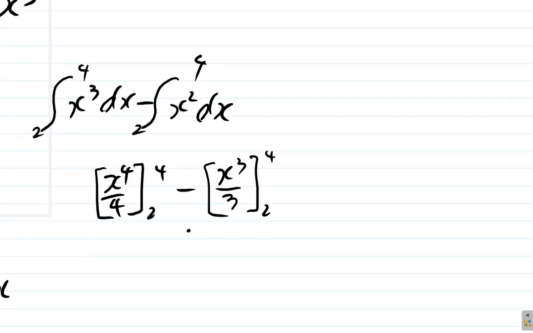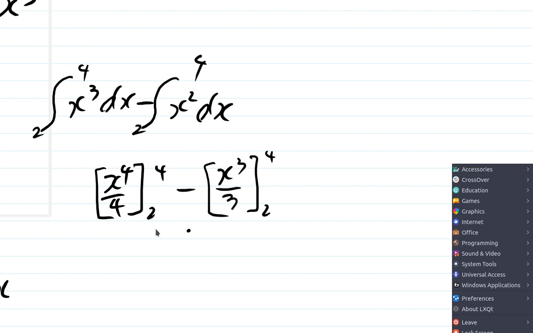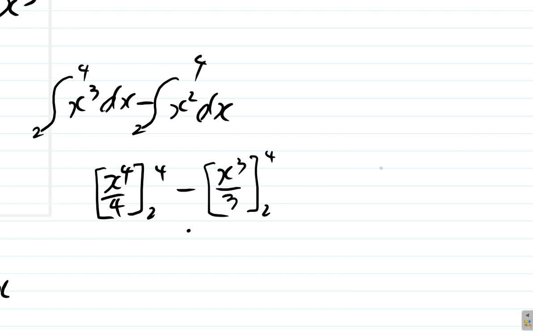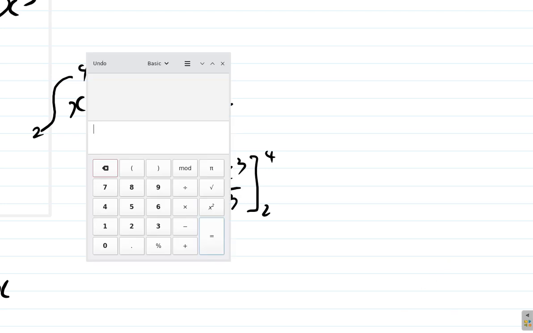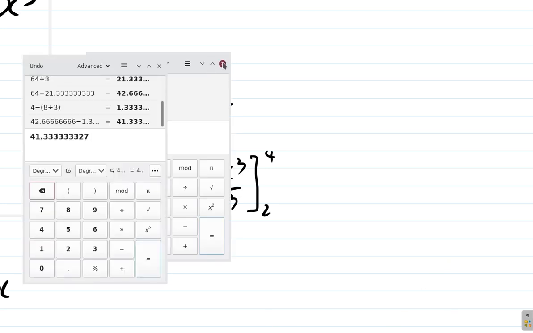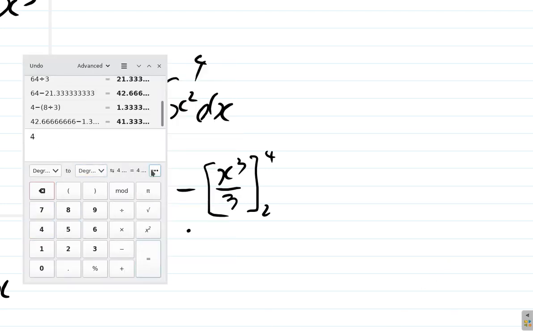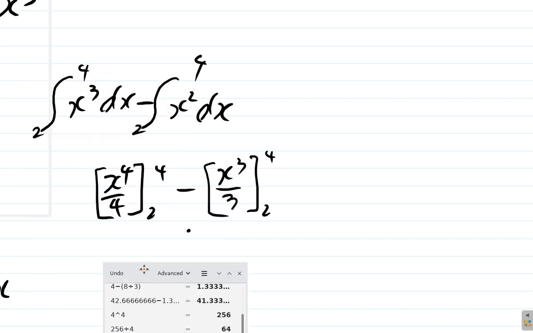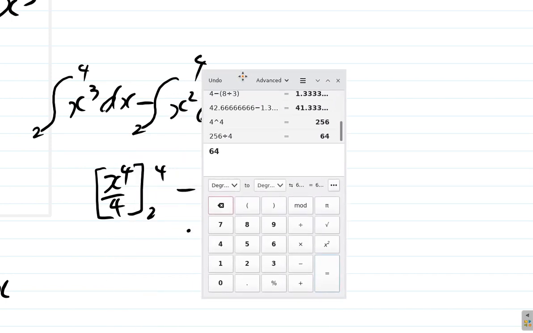So this would be 4 to the 4th over 4, right? 4 raised to the power of 4 divided by 4, and that over 4 would give you 64. So we have 64.